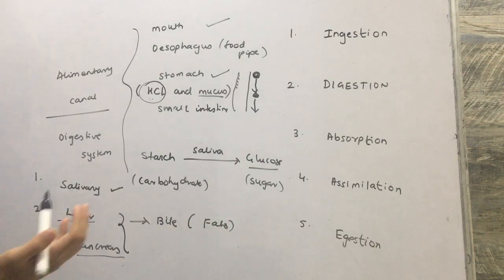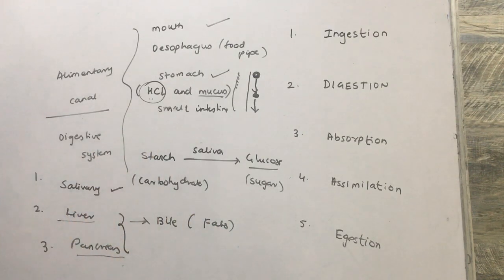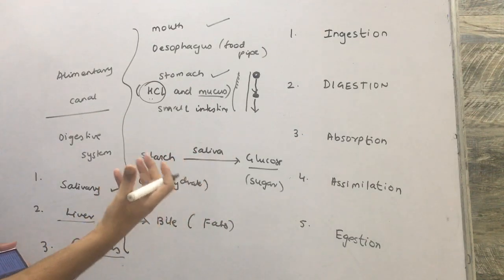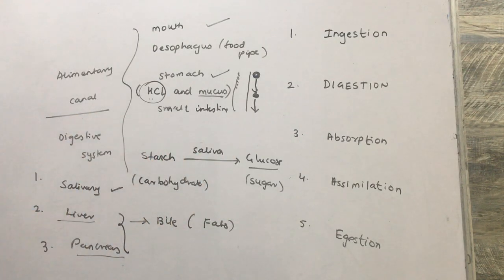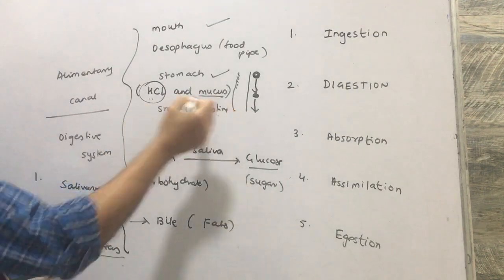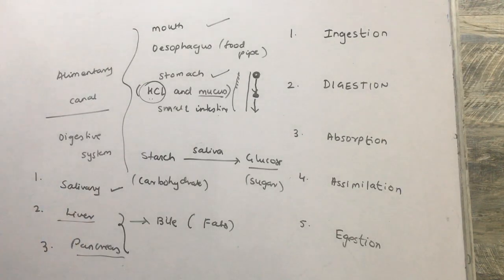It will then be converted into a simple substance. It is collected and stored in a small organ called the gallbladder. So the gallbladder is an organ which is nothing but a storage. It is then released into the small intestine for digestion. Okay, so after that it will be pushed into the small intestine for digestion.